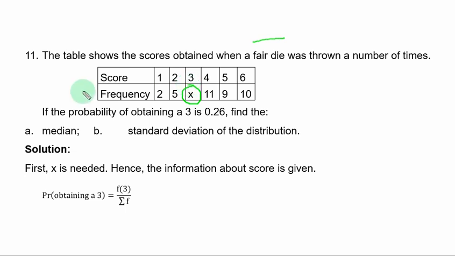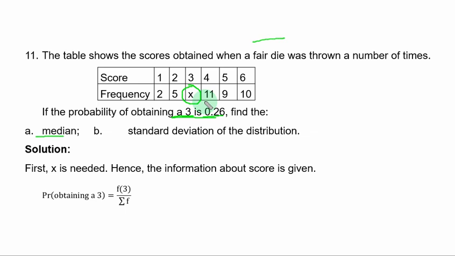If the probability of obtaining a 3 is 0.26, find the A part of the question, median, B, standard deviation of the distribution. The reason why the probability of obtaining a 3 is given to you is to enable you get S. It is as simple as that.